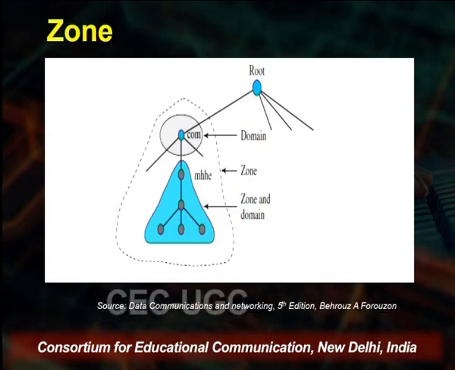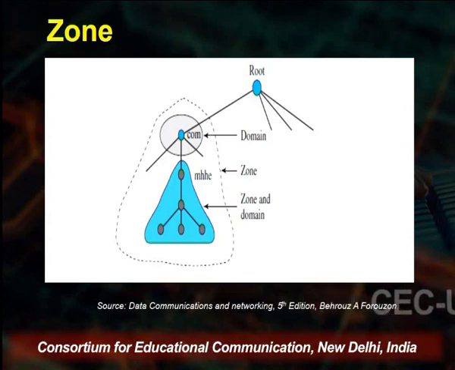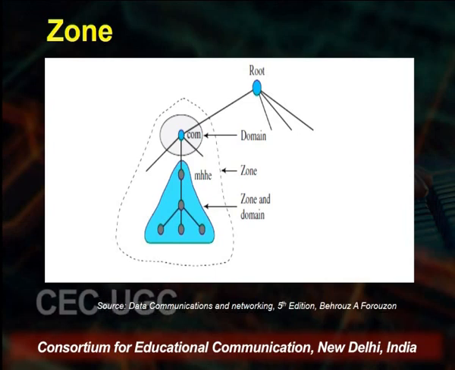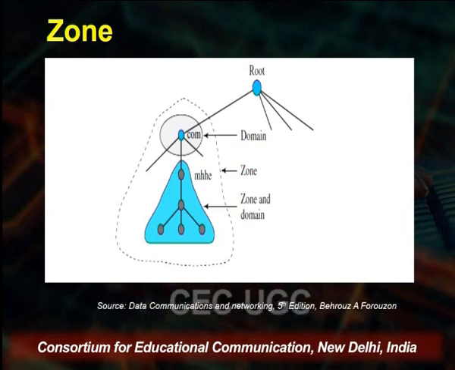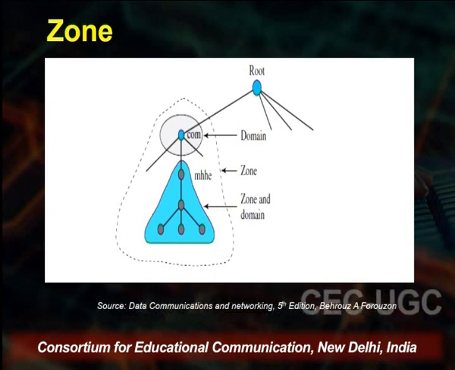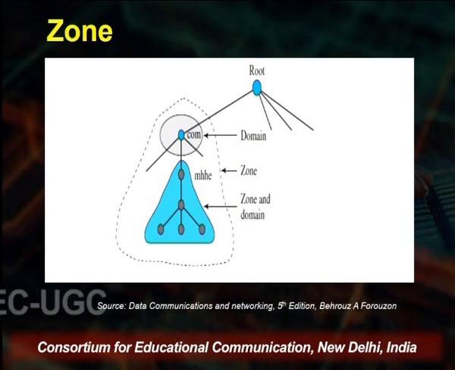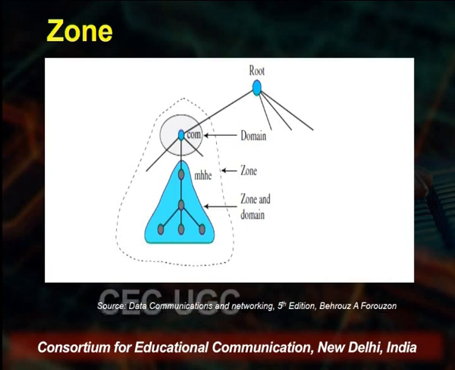So if it is the .com server or the .com domain node, in this case the domain is com, but its zone is different. Because it's a very large zone, it has created other servers and delegated to them.